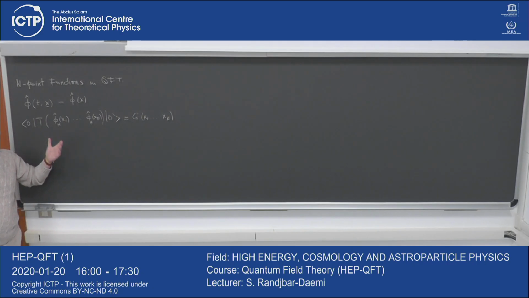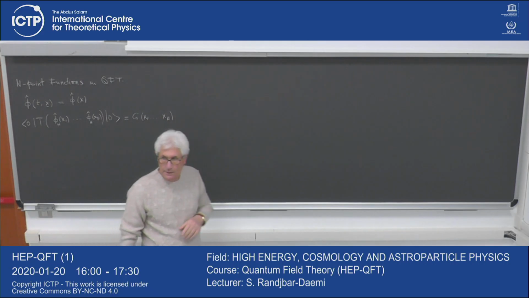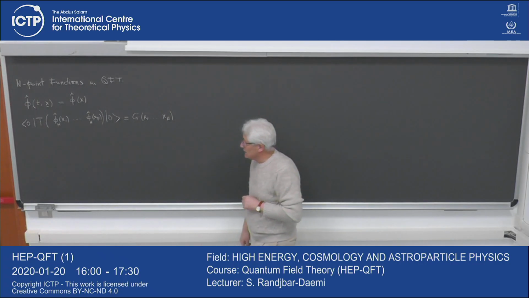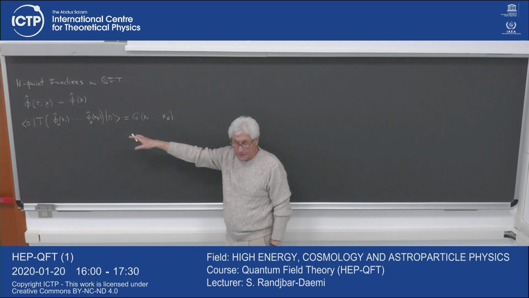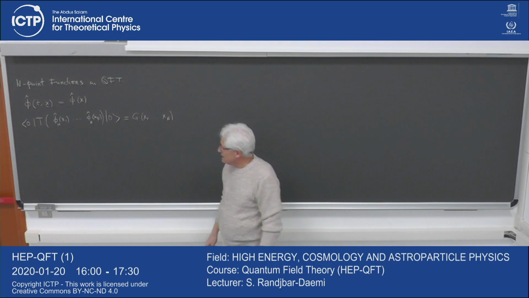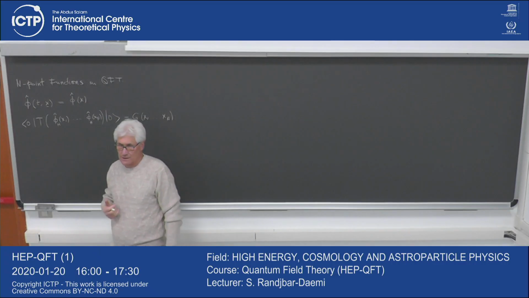Whatever field theory you have, these are the objects of the most interest for us. Any questions? Good. We will see that there is a way to go directly from these objects to the S-matrix elements, for example.